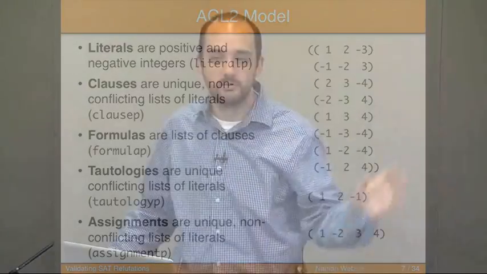So that clause would evaluate to true always, because either 1 or minus 1 would always be satisfied. Yeah, because they're an implied disjunction. And then our assignments are unique, non-conflicting lists of literals, and these are implied conjunctions. It says that 1 is true and negative 2 is true, and so on.